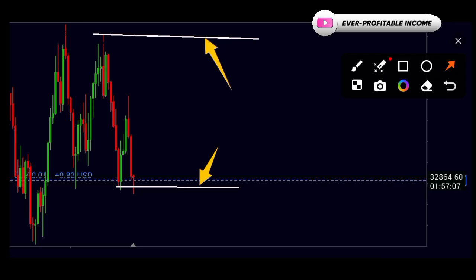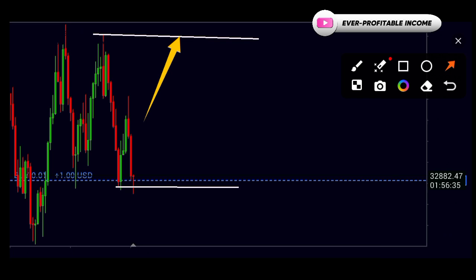So what we are going to do is get an entry each time price hits this level and bounces back. Let's say price is trending upward and it hits this upper line, the swing high, that resistance level.